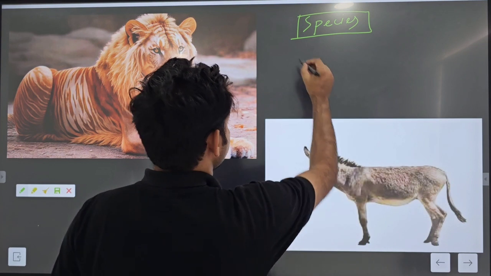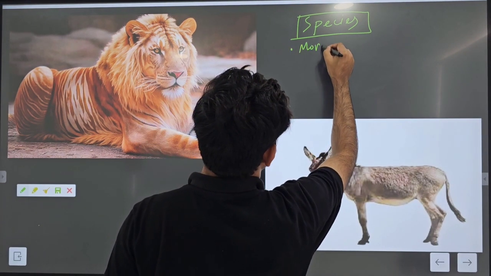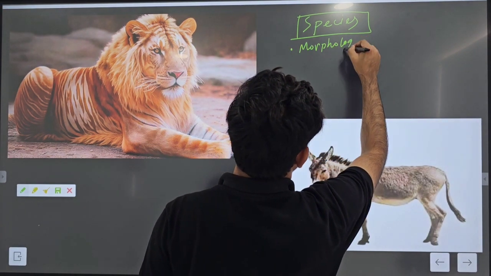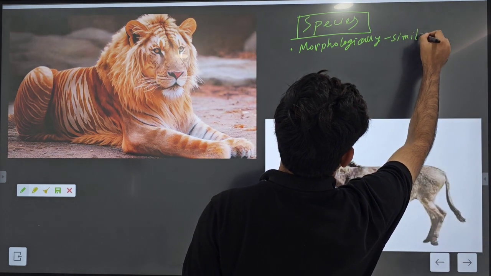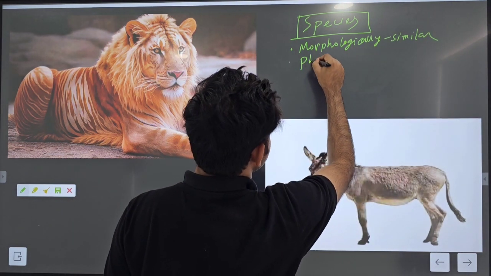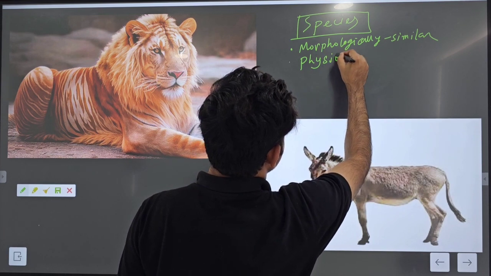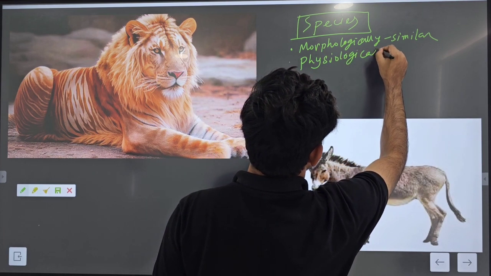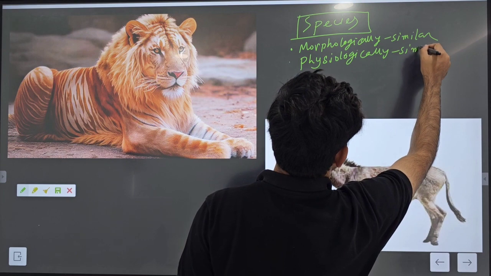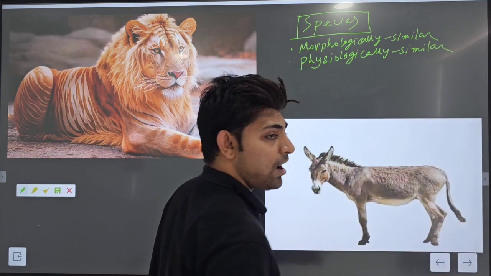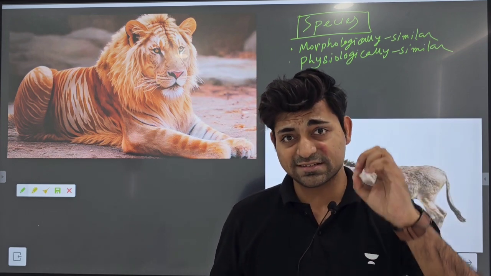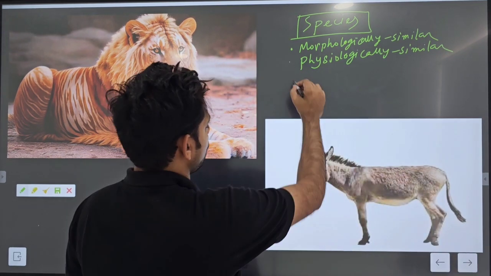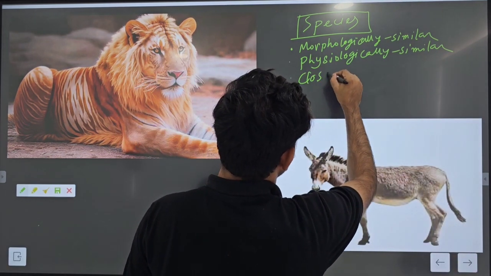So species are morphologically similar and physiologically similar. Each human is the closest relative to every other human.